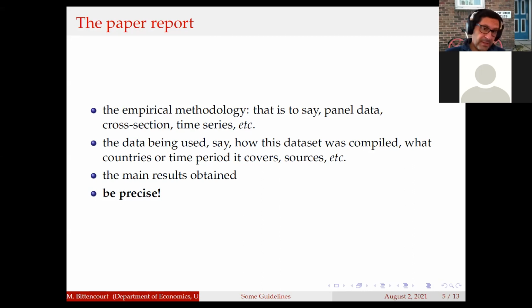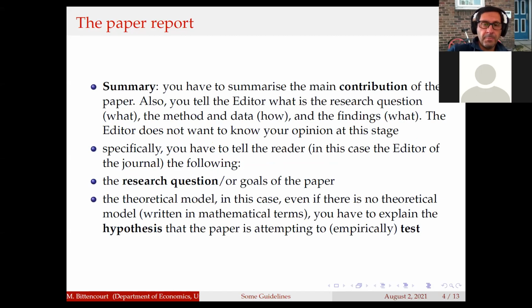The main thing is be precise. You can do all those things in a paragraph. You can summarize the paper. What is the research question? What is the data and method? And what are the findings in one paragraph? And ideally, I am expecting you to do in one paragraph, and not in one long paragraph, but in one paragraph.